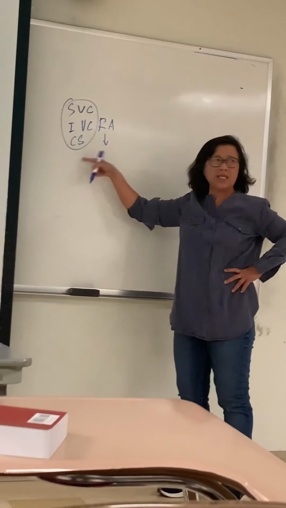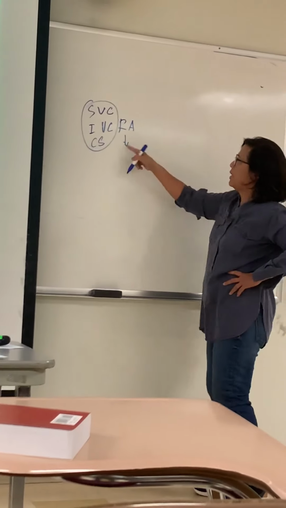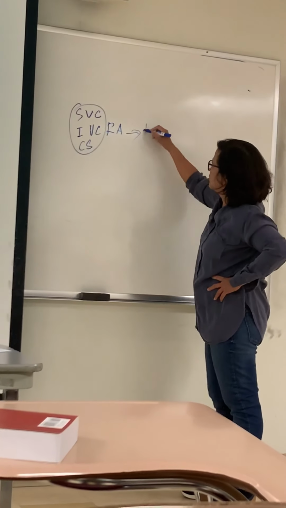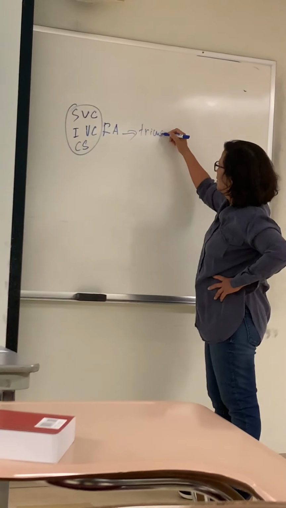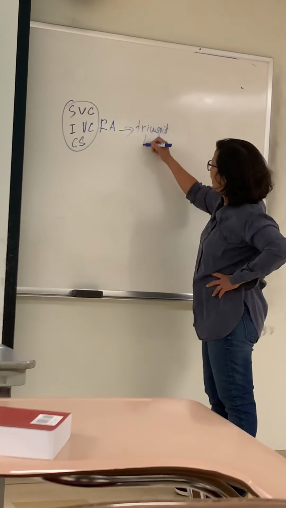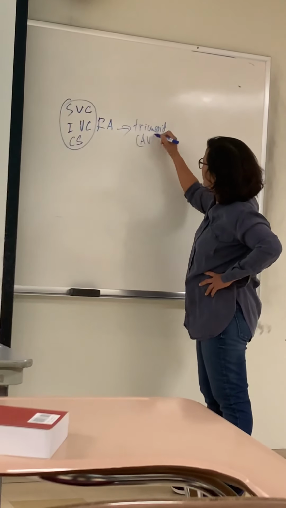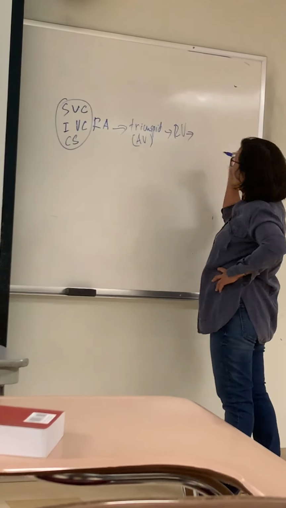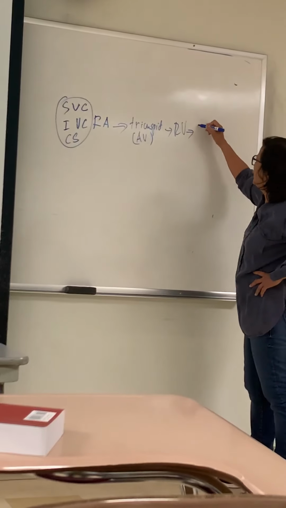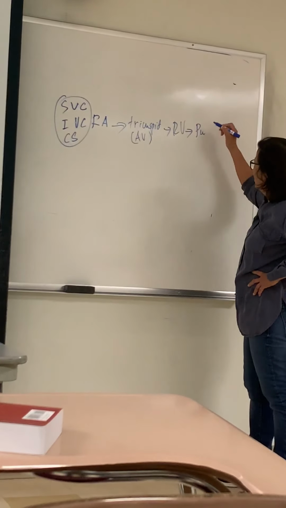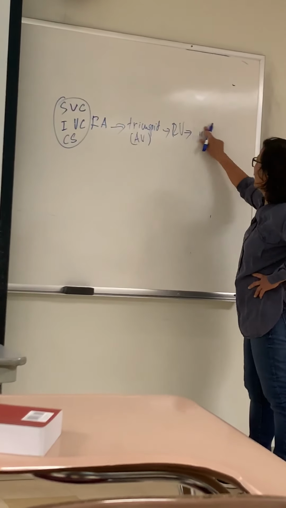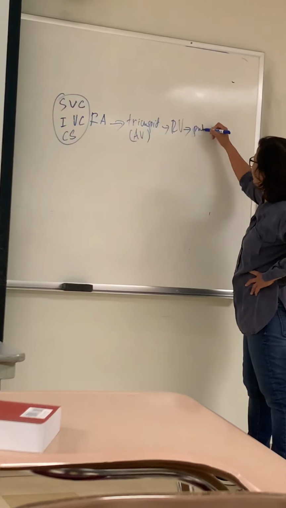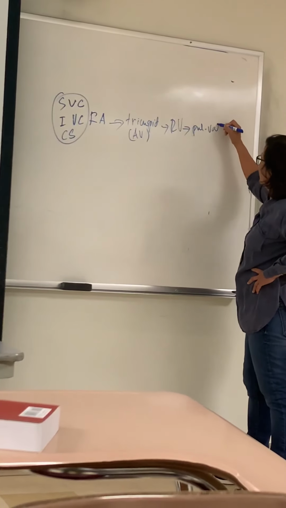SVC, IVC, CS, and then right atrium, and then I go to the valve, which is tricuspid. Tricuspid, this is an AV valve, atrioventricular valve. It goes to the right ventricle. Not yet into the pulmonary trunk. Okay, it goes to the semilunar pulmonary valve. That is a valve.